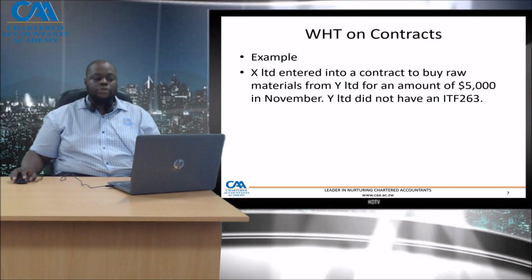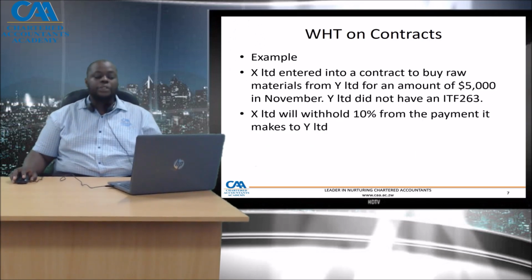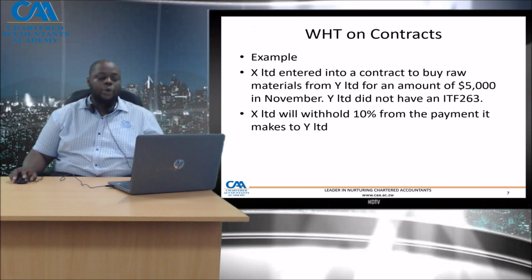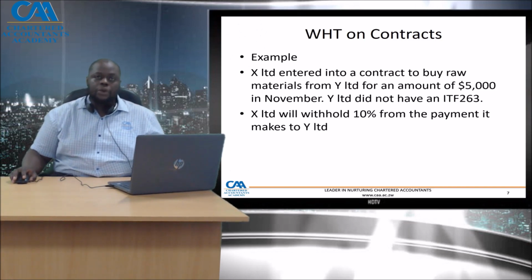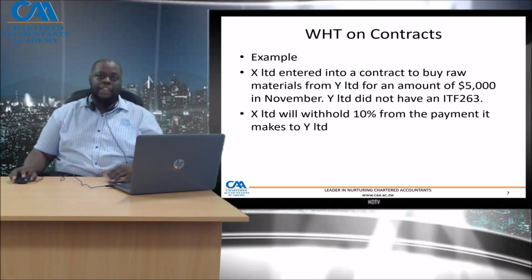What will X Limited have to do? In this case, X Limited will have to withhold 10% of the $5,000, which it has to pay towards Y Limited. So they'll withhold $500, which they will need to remit to ZIMRA within 10 days of making that payment.